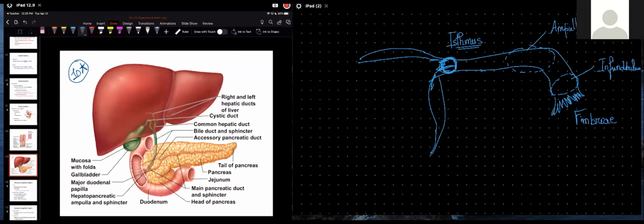Right? Do you remember those structures? So again, what makes the ampulla of the uterine tubes so important? This is where the fertilization normally takes place. This is where the fusion between the sperm and the egg will be taking place.